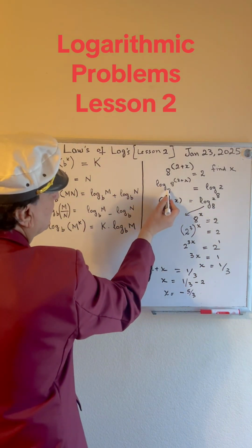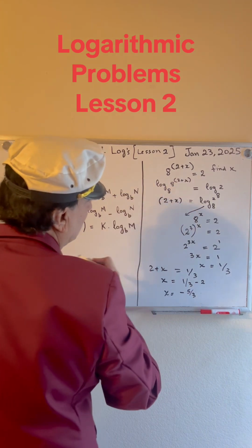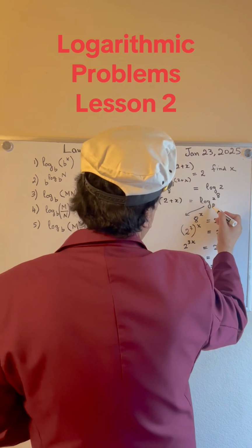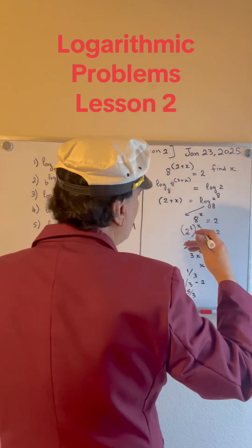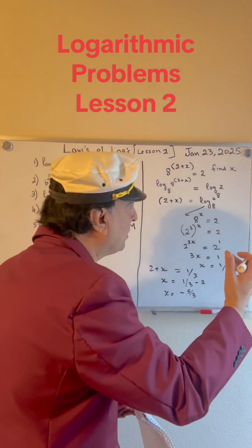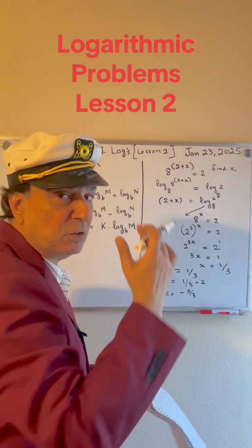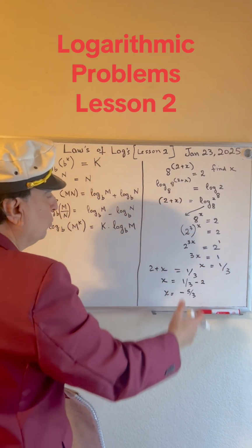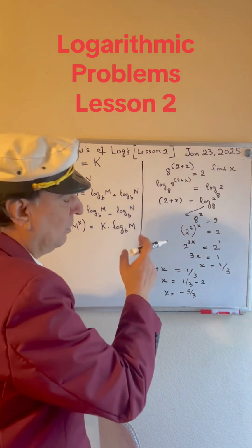This log 8 negates this 8 right here, and I just get 2 plus x. And then I get log base 8 of 2, which I solved right here, because it is the power that 8 must be raised to in order to get 2. I explained that in lesson 1 in detail. Then we go through this algebra and we find the answer x is equal to minus 5 over 3.